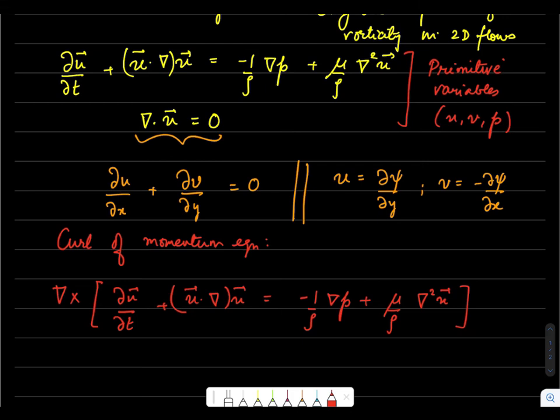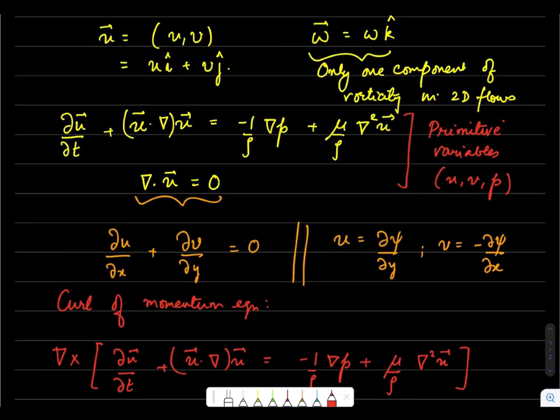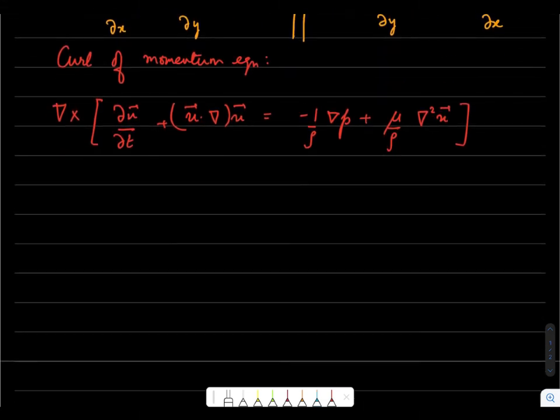As I said, the vorticity will have only one component. Taking the curl of a velocity field which is in only two dimensions will give me an equation in the third dimension. So we'll have an equation for vorticity with only one component, which can be used to write the following equation.